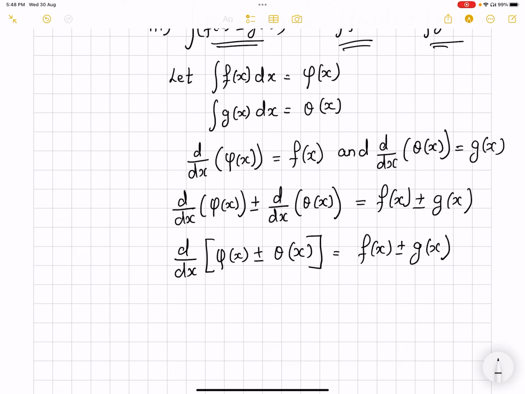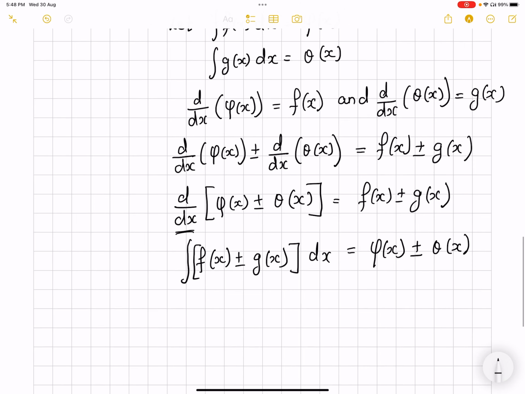And now, when this d by dx goes to the other side, it becomes the integration symbol. Integral of f of x plus or minus g of x dx is going to be equal to phi of x plus or minus theta of x.